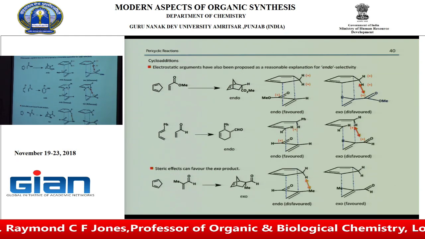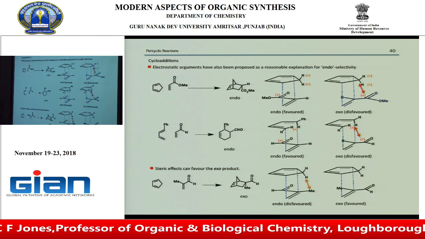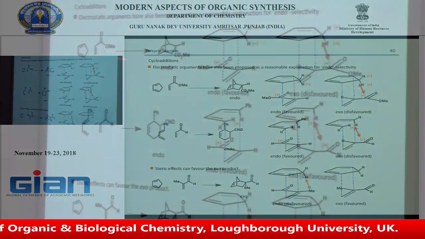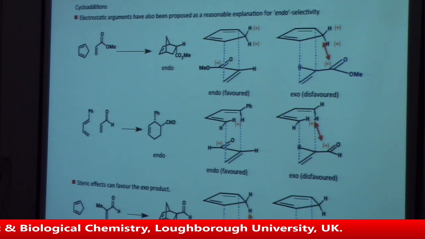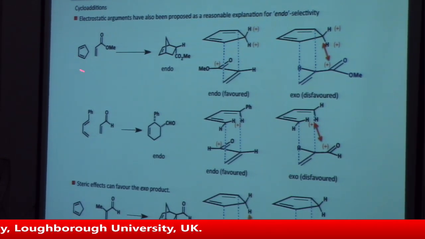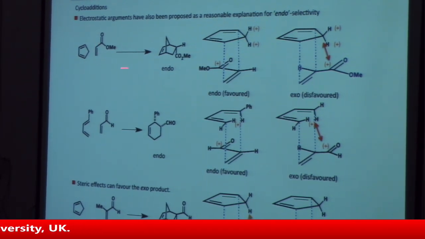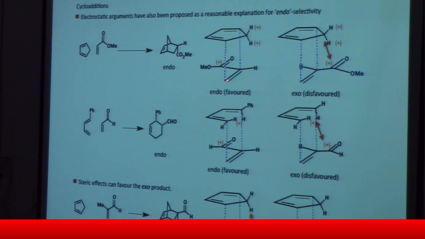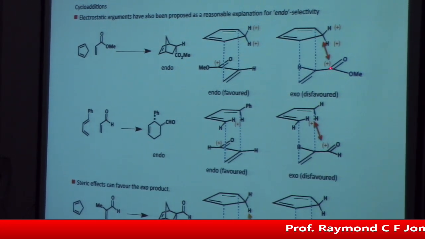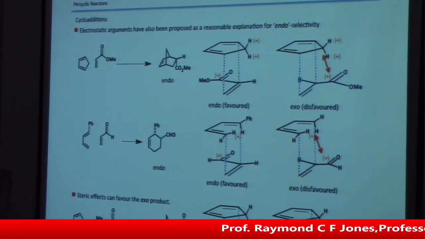Because people have produced this. Yeah, there may be a contribution from this, I don't know. What they're saying is, you need a particular case for this. Let's think about this one, cyclopentadiene and the methylpropenoate, methyl acrylate. What they're saying is that if you have the exo form, it's not disfavoured because it can't have secondary orbital overlap.